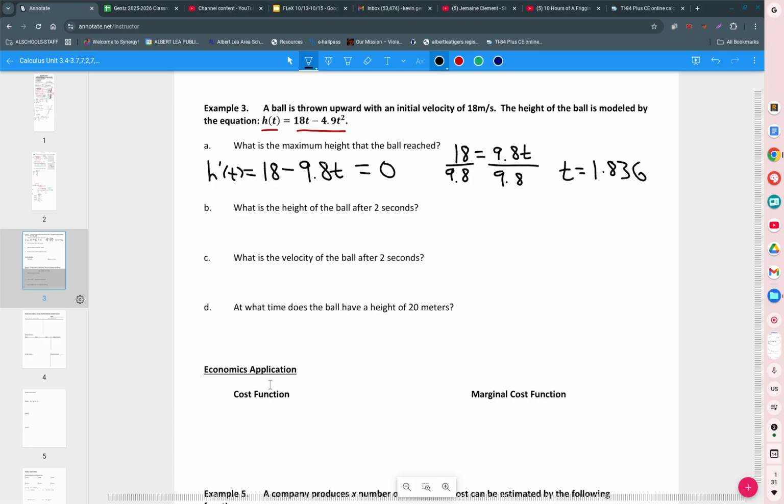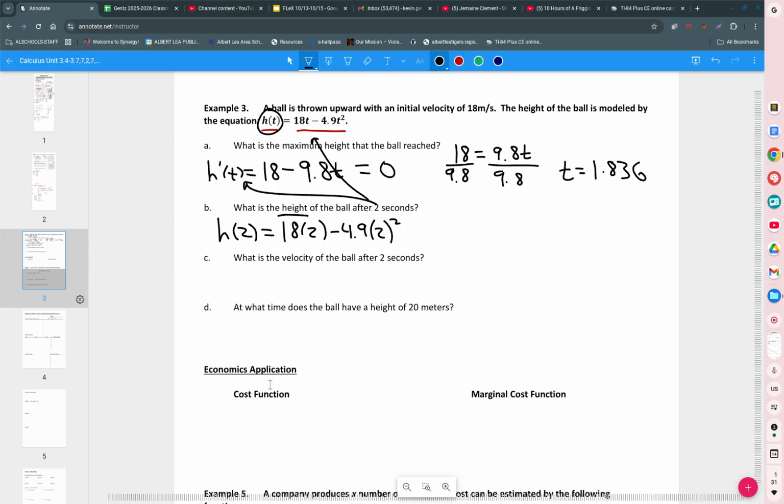So, question B: what is the height of the ball after 2 seconds? What do I do to calculate the height of the ball after 2? Do I plug it into this function or the above function? The bottom one is the velocity function. Notice it says, what is the height? So I need the height function. H of 2 is equal to 18 times 2 minus 4.9 times 2 squared.